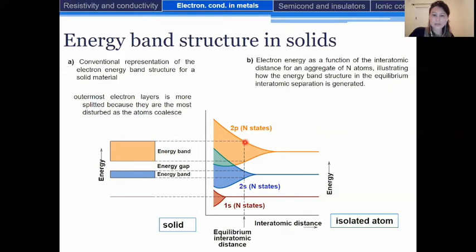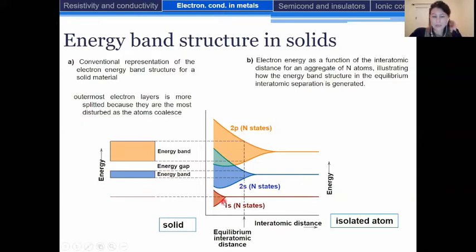So instead of representing all the discrete energy levels, we are going to represent the energy band. And the size of the energy band will be representative of the different energies that the split electronic states have at this position in this material.